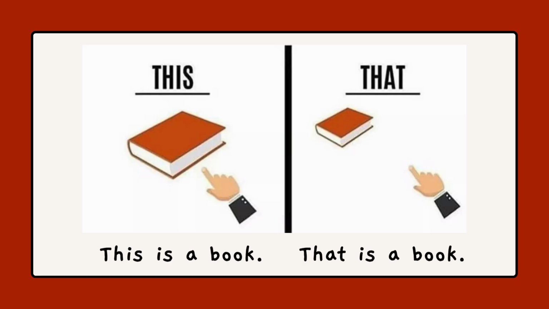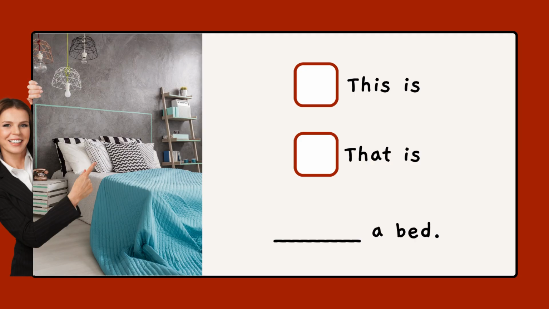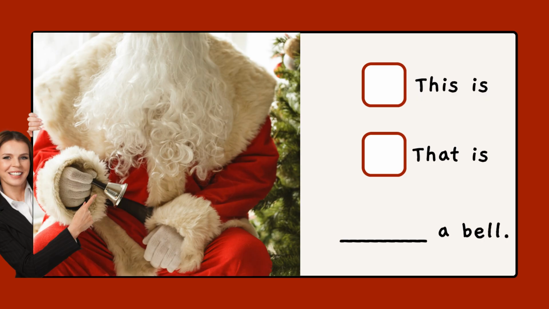Okay, let's practice. This is a bed or that is a bed. This is a bed because the lady is just next to the bed. This is a bell or that is a bell.